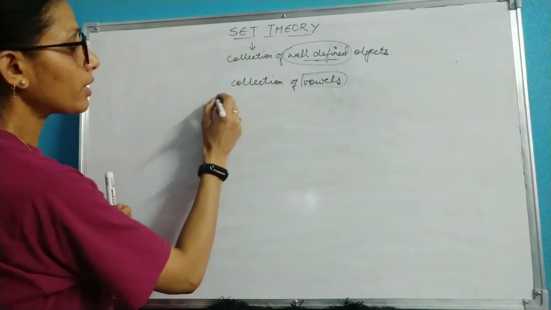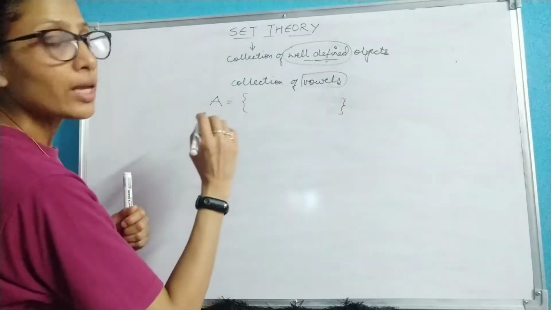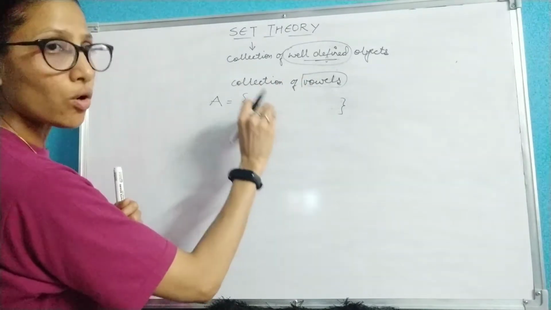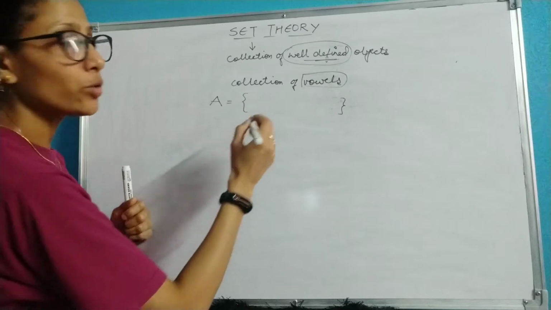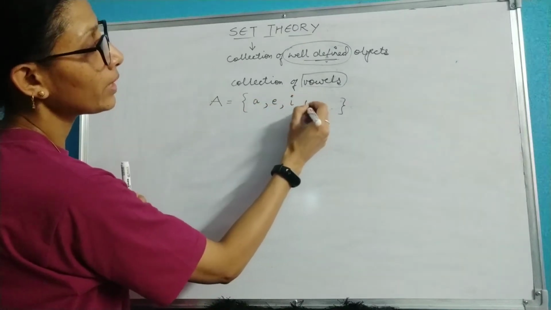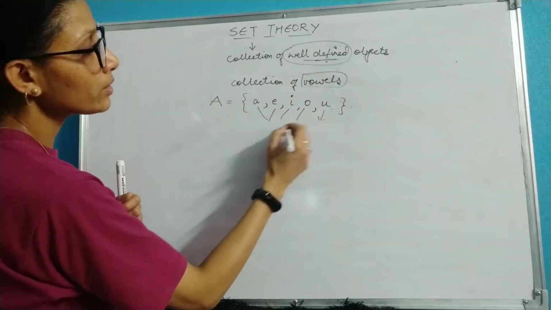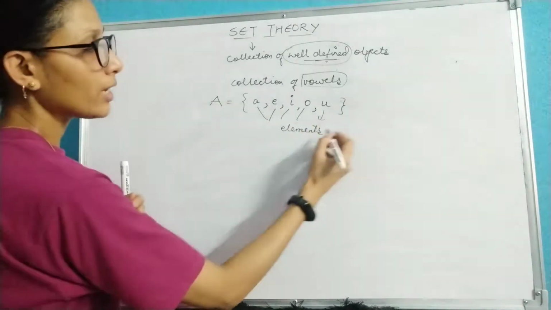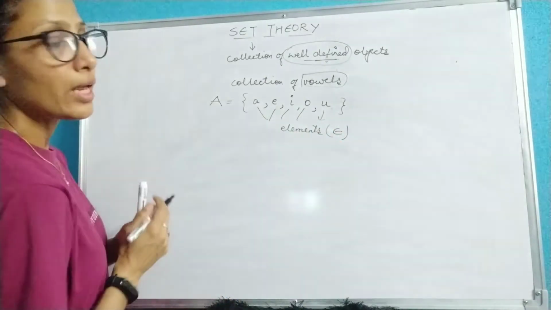A set is always represented with a capital letter, with curly brackets, and the elements, the numbers or objects which are written inside these braces are known as elements and are always separated by commas. So these are known as elements of set A, and elements are represented with this sign. This is the symbol of element.